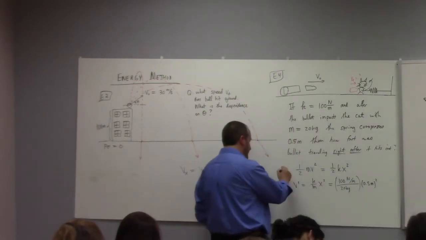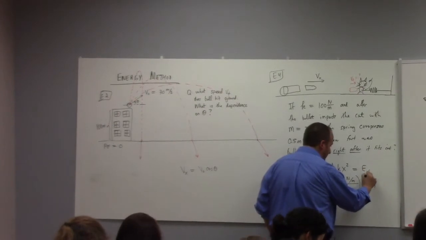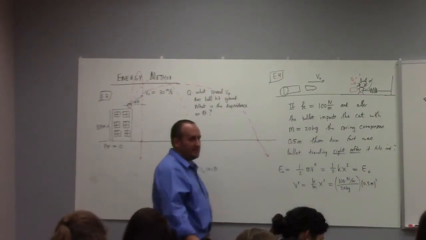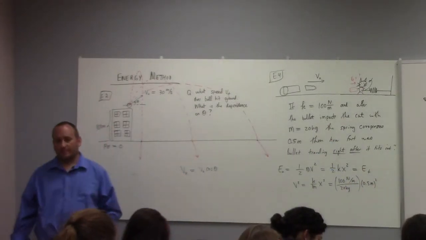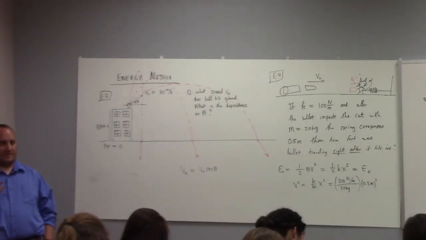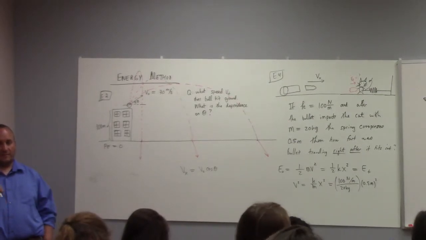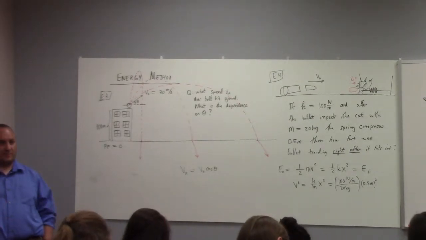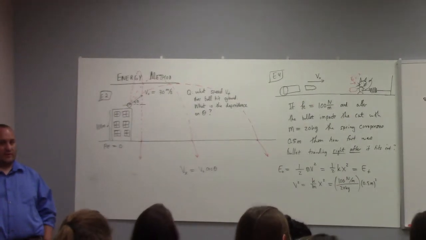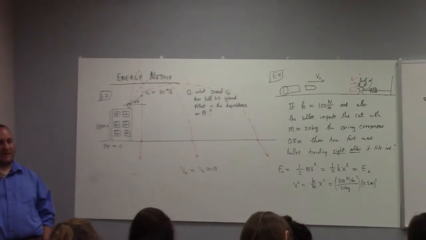So I said that this was the initial energy, and this is the final energy. What are my initial and final events I'm thinking about? My initial event, again, is right after the baby has grabbed onto the cat and is starting to compress the spring. My final event is when the spring is maximally compressed, which is when? It's right before the spring starts to expand back, right?